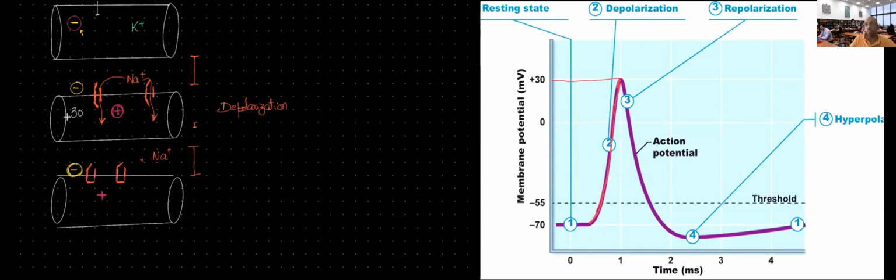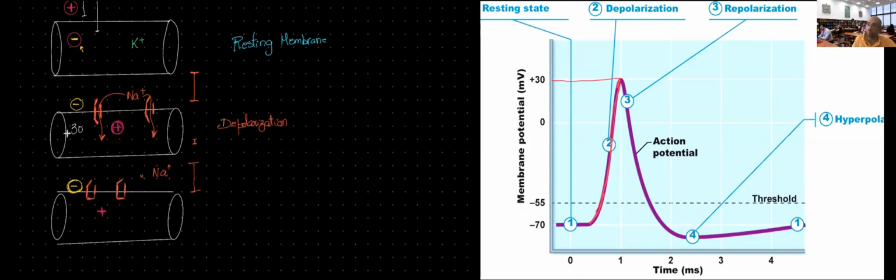So in order for me to send another signal along this nerve fiber, I need to return back to my resting membrane potential. I need to return back to my negative 70 millivolts or negative 80 millivolts.